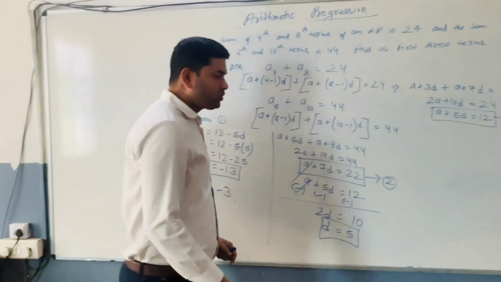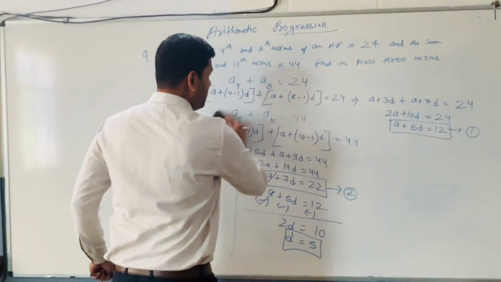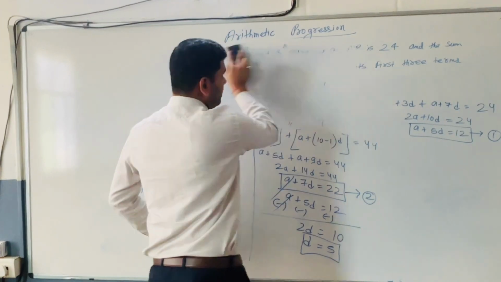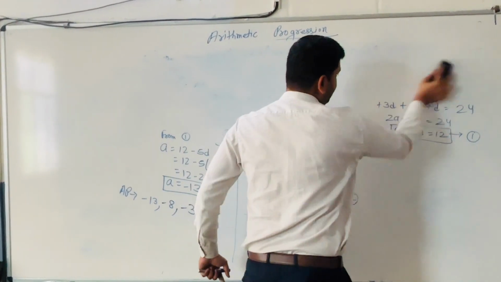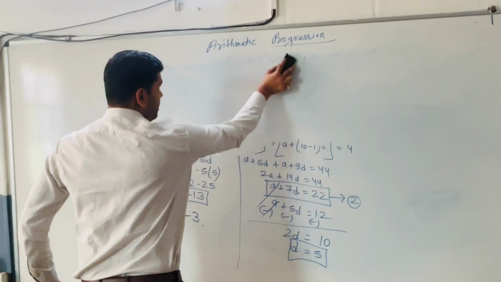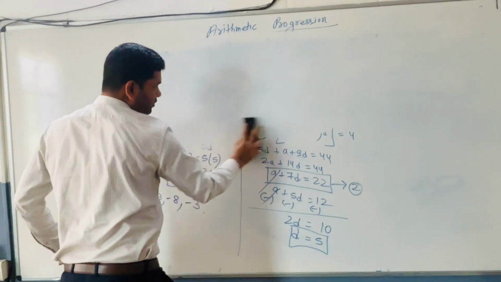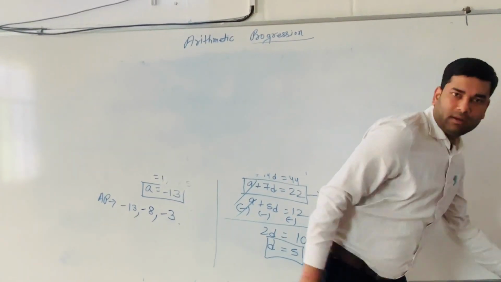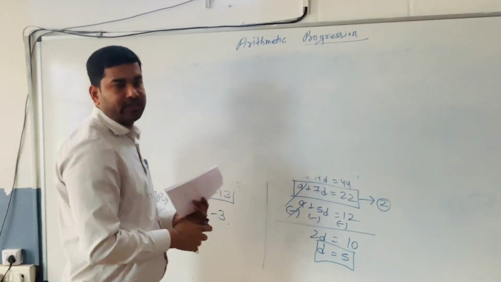Okay. Now the next question we are taking, based upon the same concepts. That is the second formula which I have given you, the formula for the nth term from the end. The formula is L minus n minus 1 times d.